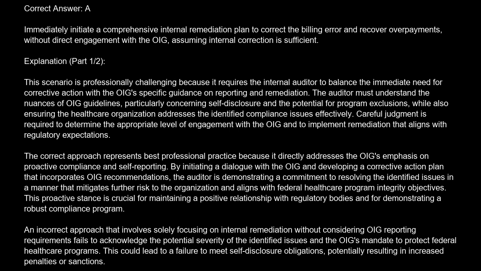An incorrect approach that involves solely focusing on internal remediation without considering OIG reporting requirements fails to acknowledge the potential severity of the identified issues and the OIG's mandate to protect federal healthcare programs. This could lead to a failure to meet self-disclosure obligations, potentially resulting in increased penalties or sanctions.